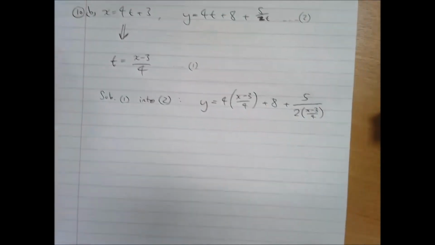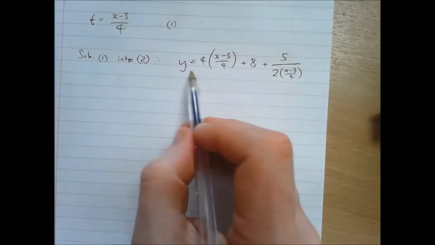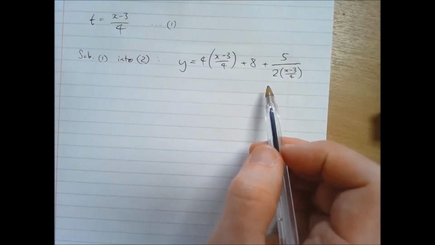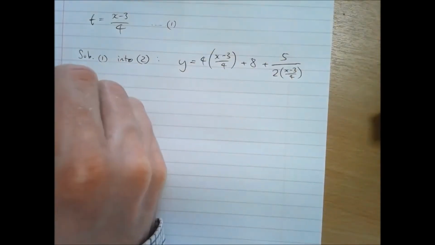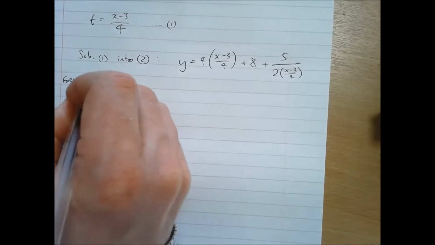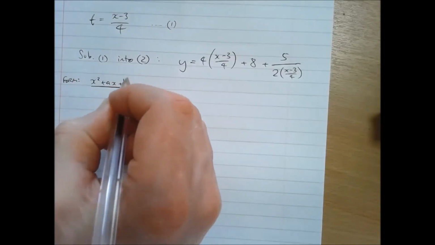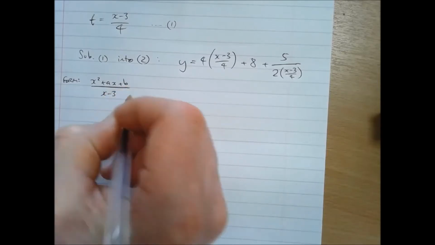Now the whole task just comes down to arranging the algebra of this and trying to get it into the form x squared plus ax plus b all over x minus 3. So that's what we're aiming for.